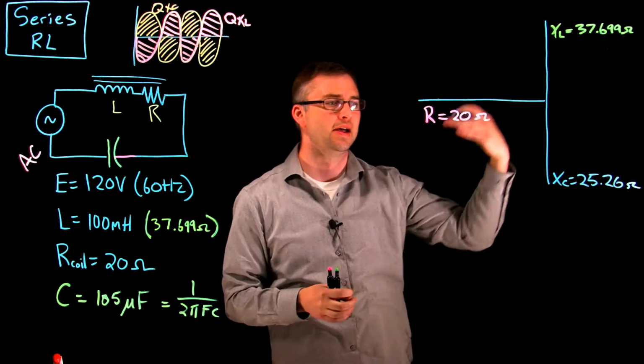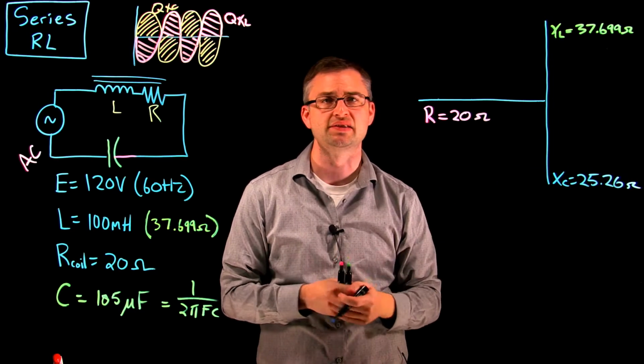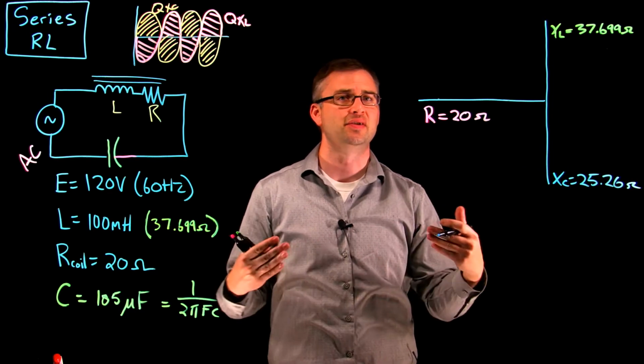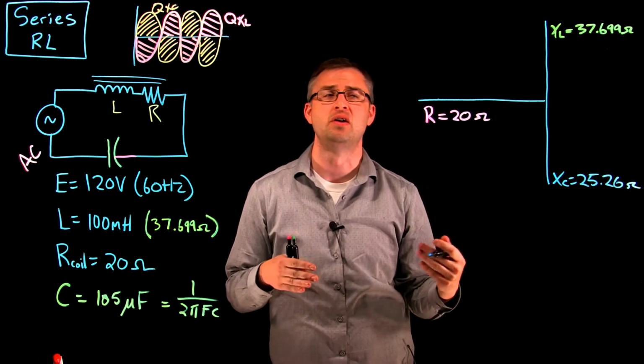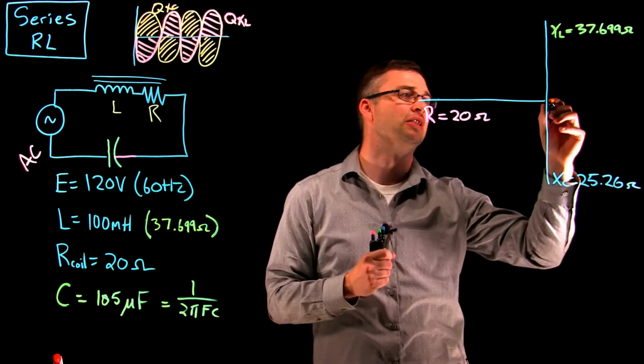The numbers are quite similar, 37.6 versus 25.26, but when we add them together, they actually have a canceling effect, and their overall X net, which will be the difference between the two, is going to be lower.